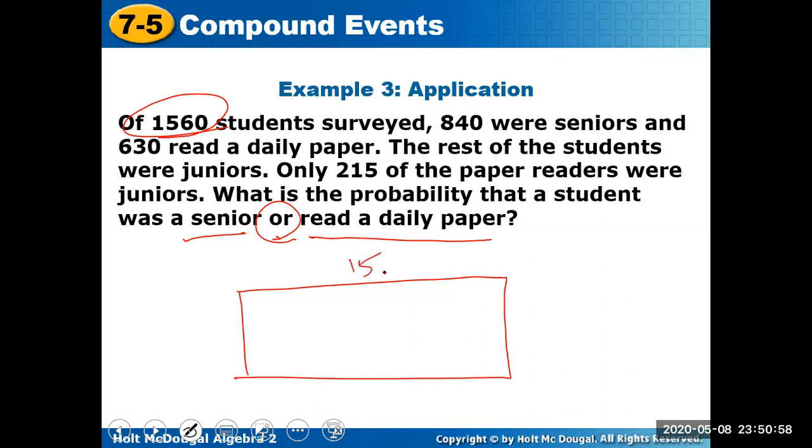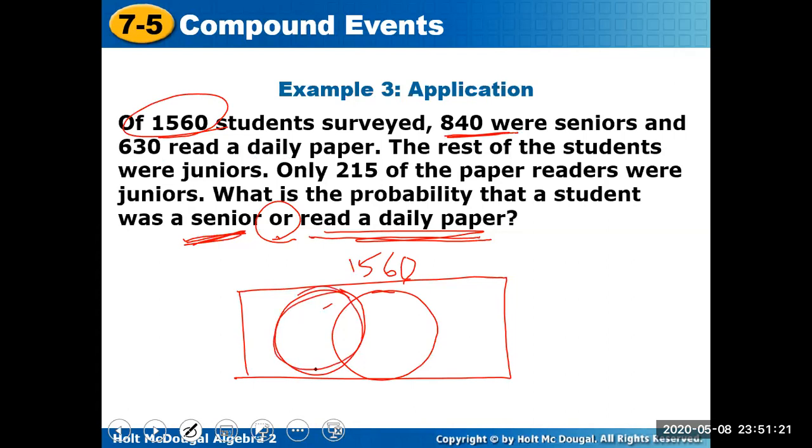Definitely there is a common area between the two events, that is senior and read daily paper. They said there were 840 seniors. So let's say this is the senior circle.